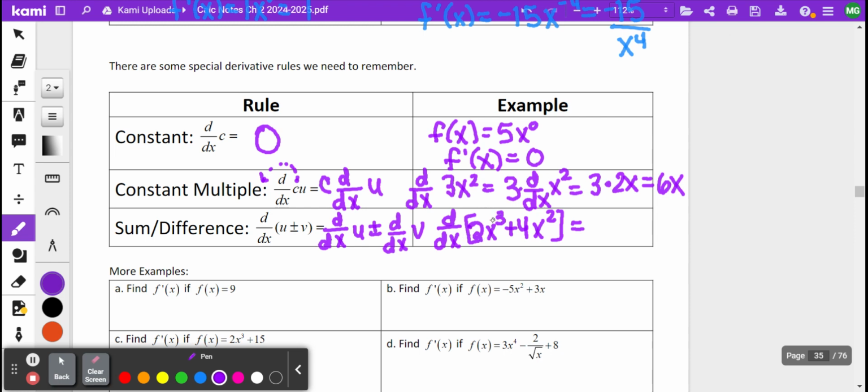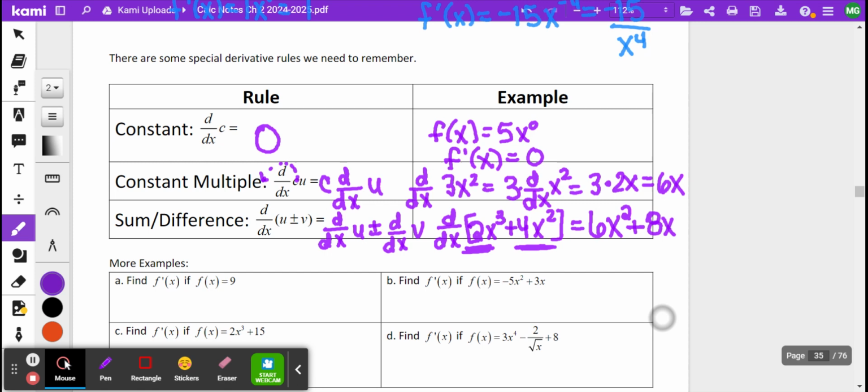So we'll use our power rule. 3 times 2 is 6 times x to the second power, plus derive now 4x squared. 2 times 4 is 8 times x to the first power. So we just simply took the derivative of the first term, plus the derivative of the second term. Okay?